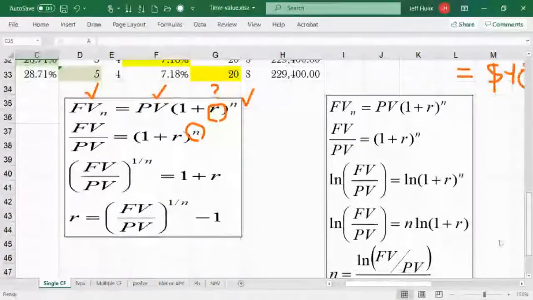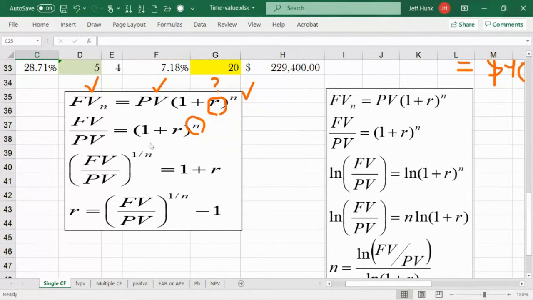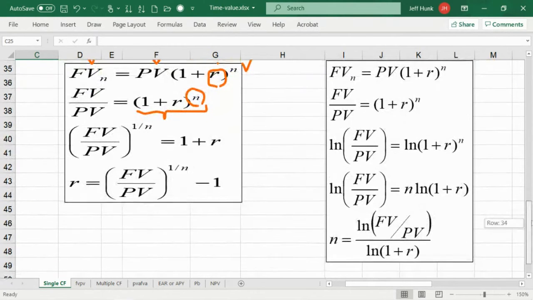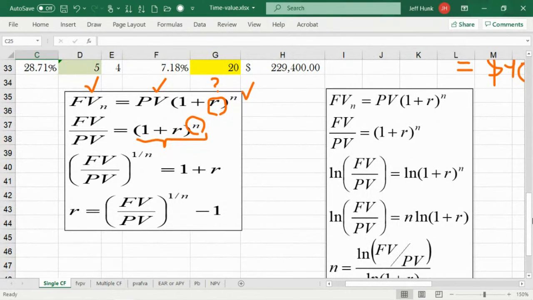We cannot directly isolate r, so we will have to first isolate whatever we can, and we can isolate first this term, right? And we cannot isolate r from that because it is inside a parenthesis and it is locked by this exponent, right? Does everyone understand what I'm saying? Any questions so far? Any question?